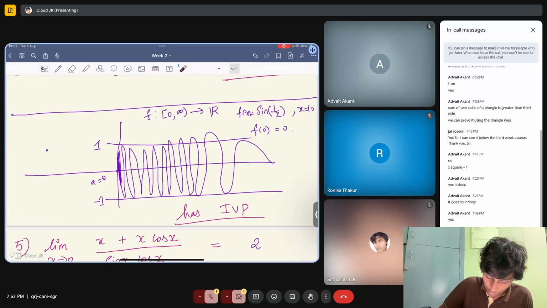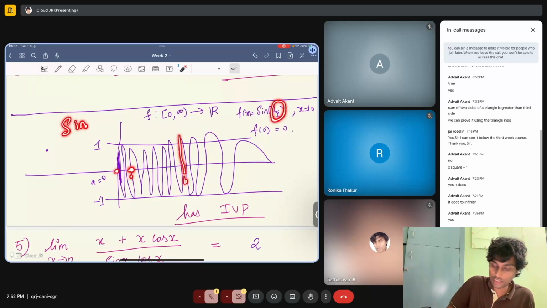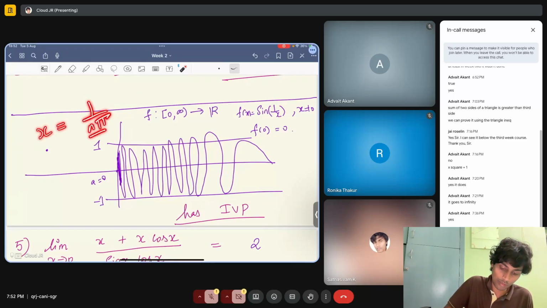The problem is to find this point where it is 0, right? So let's say I take b here. I basically want to find a 0 here other than this point, right? So you want to look at something like a sine. So this is sine of 1 by x, right? So you want to look at x equal to 1 by n pi, something along this form.